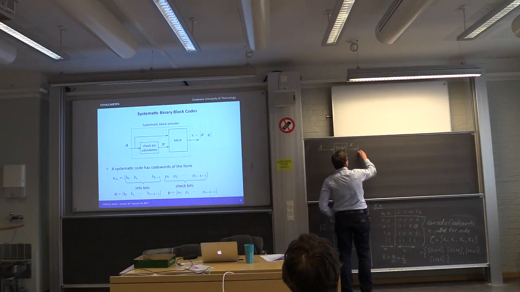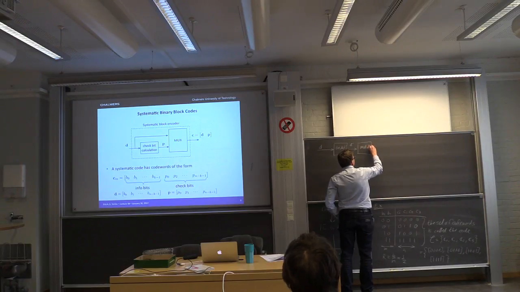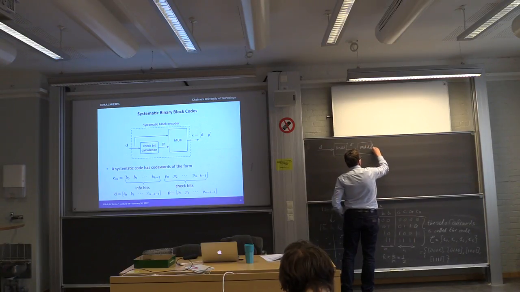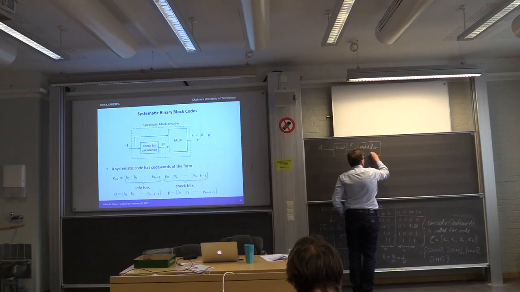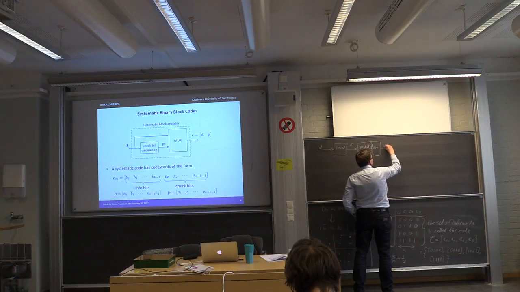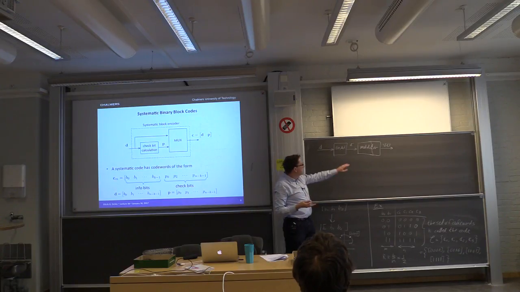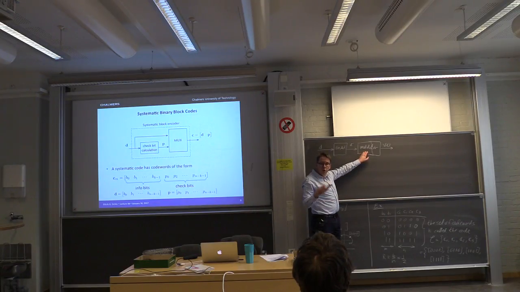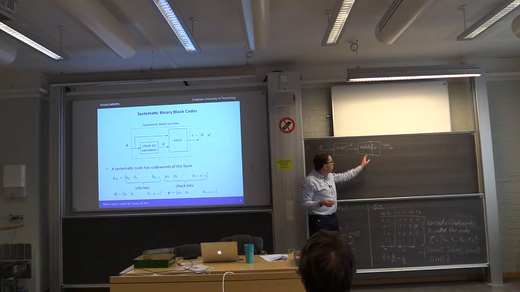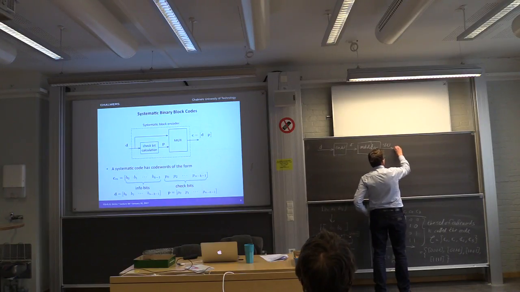Then this is sent through a modulator to generate a transmitted signal, an analog signal. This could be pulse amplitude modulation, QAM, or something else. And then we have a channel, and usually there is some noise on this channel.